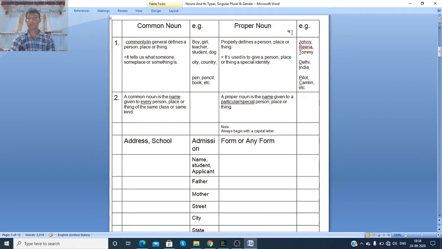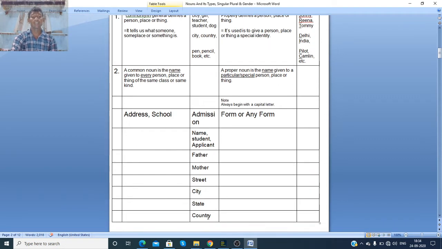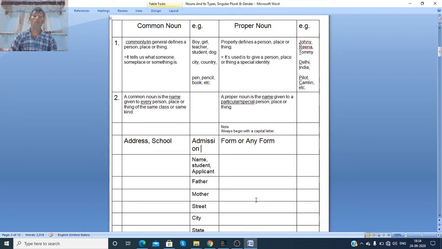Common noun and proper noun. When we are filling in an address, a school admission form, or just any form, we will find all these: name, student, applicant, father, mother, street, city, state, country, on just every form.